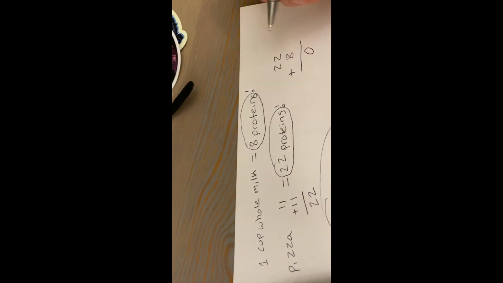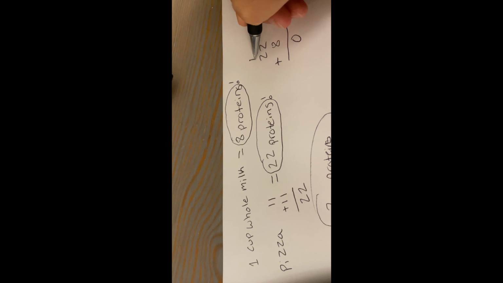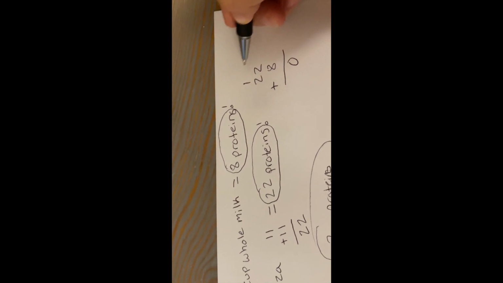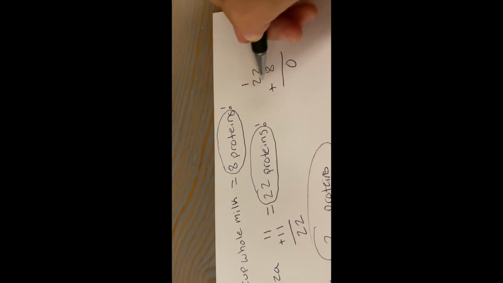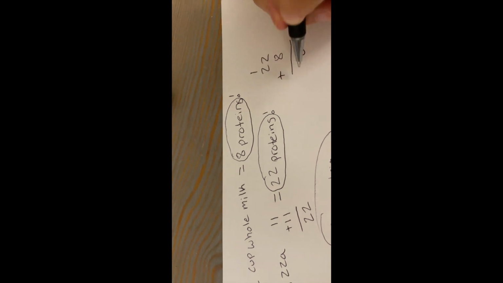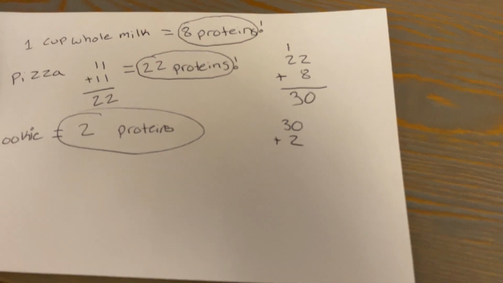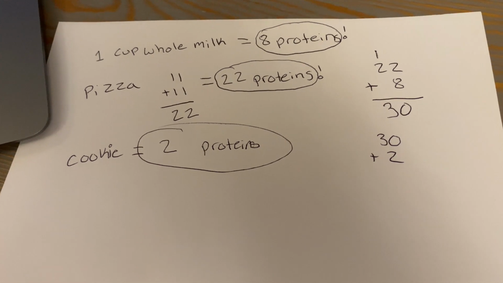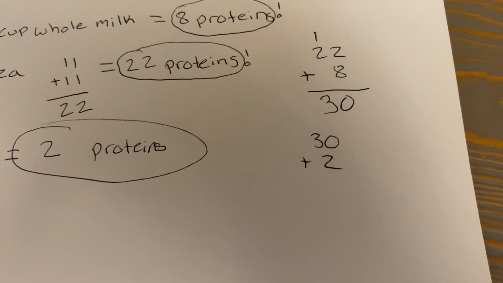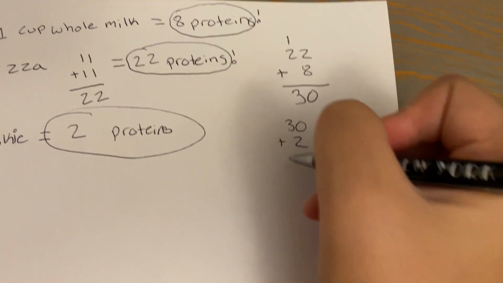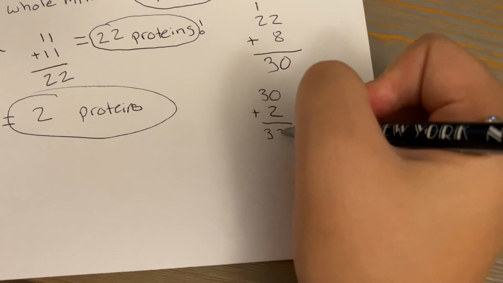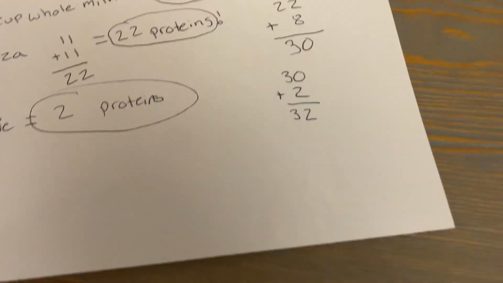Good job. So we're going to bring the 1 up since it was 10, right? Then 2 plus 0, 2. But we got to add that 1, so it would be 3. 30 proteins. And then we can't forget about the 2 proteins from the cookie. So what's 30 plus 2? That's 32, right? That's an easy one.